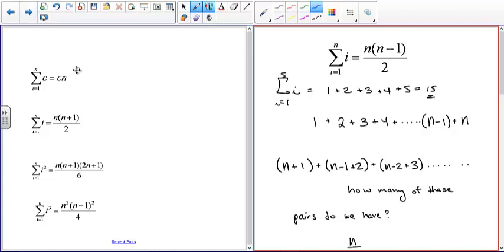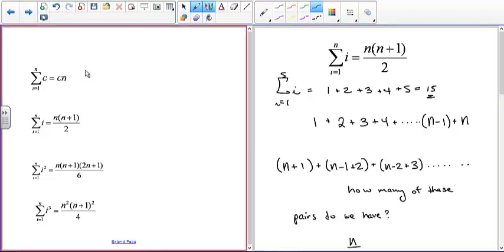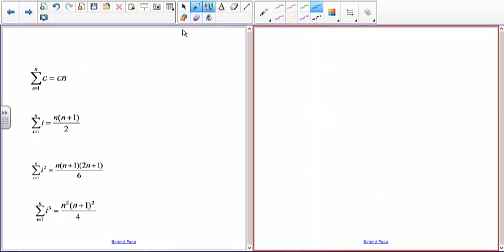The first one I didn't show here, but let me just demonstrate it. The first equation is that the summation of c from i equals 1 to n equals c times n. So let's give an example. Let's say n equals 5 and c equals 3.